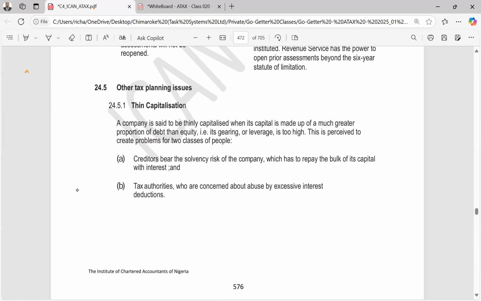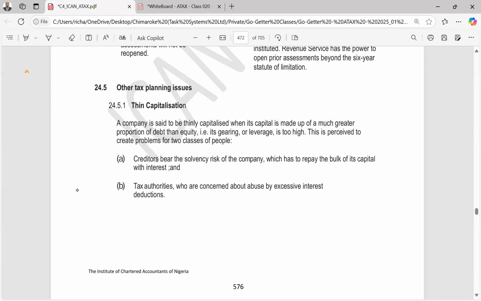Now, there are other types of issues that will occur as a result of tax planning, tax avoidance, tax evasion. One of them is called thin capitalization. What is thin? When something is not fat, it's thin. What is capitalization? Capitalization is providing capital for your business.